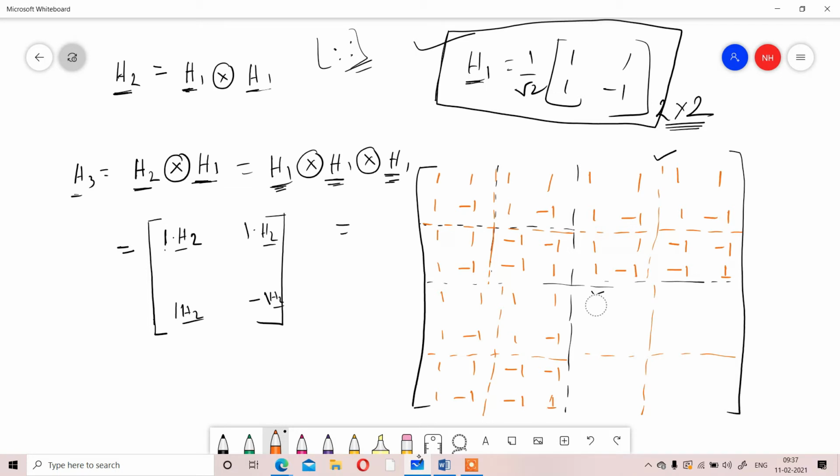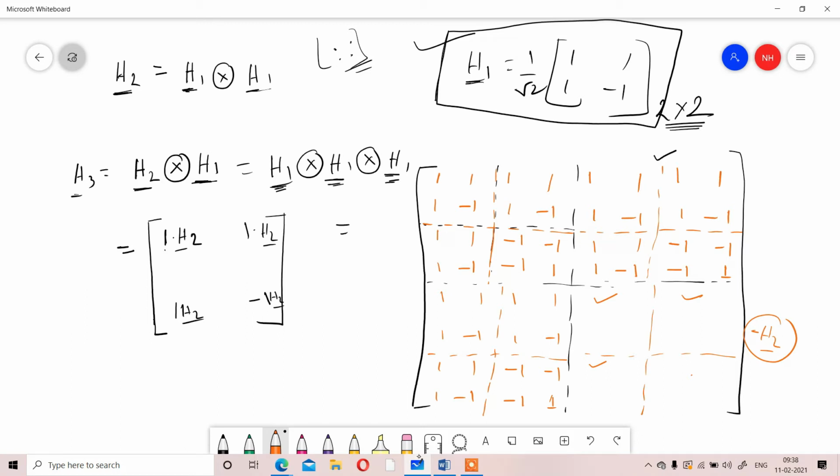Now whenever you are coming to that part, that is your minus H2. That box. So each and every box will be minus H1. This is minus H1. This will be minus H1. This will be minus H1. That will be plus H1. Clear or not?